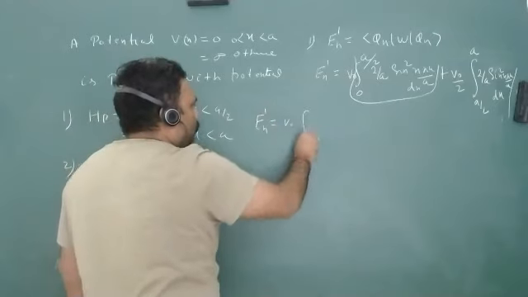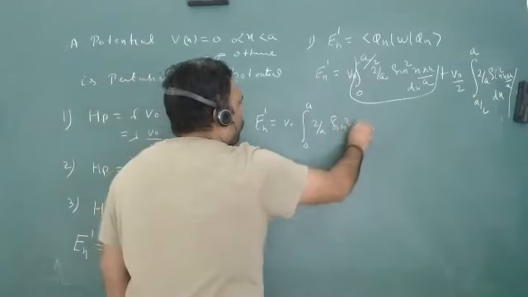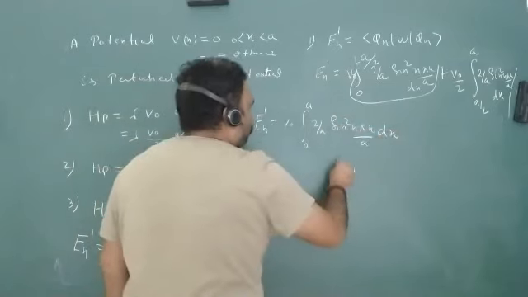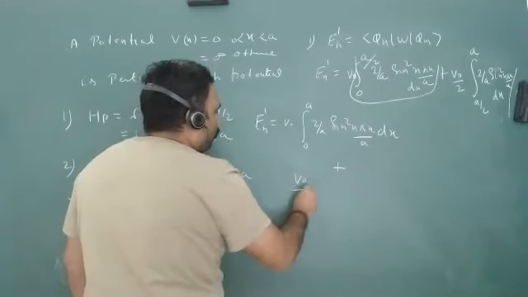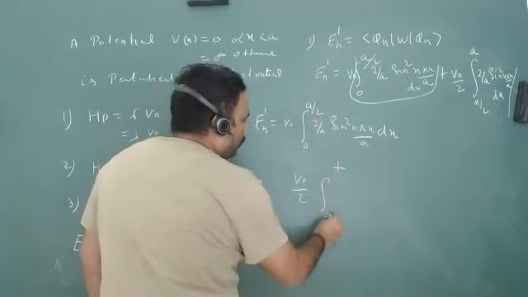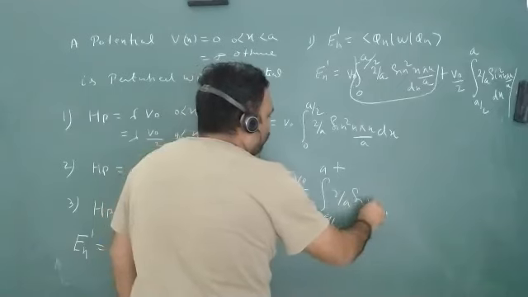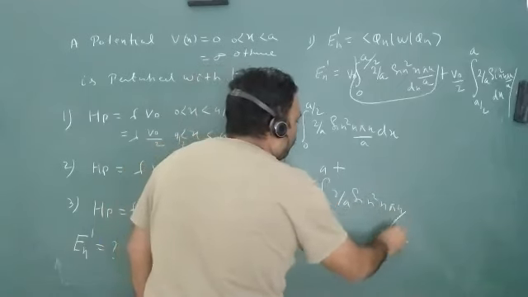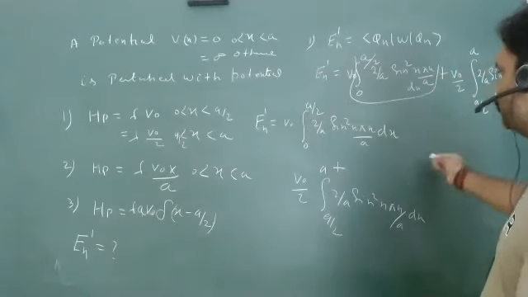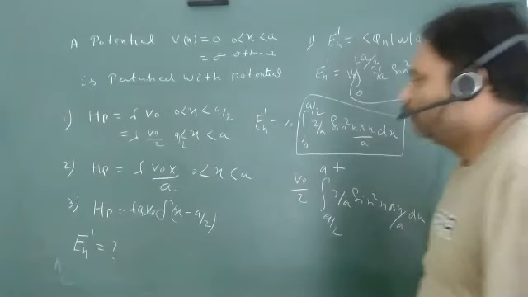En1 is V naught. The first term is the integral from 0 to A by 2 of 2 upon A sine square n pi x upon A dx, plus the second term, V naught by 2 times the integral from A by 2 to A of 2 by A sine square n pi x upon A dx. Now, what will be this value without calculation?